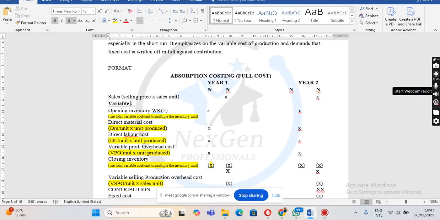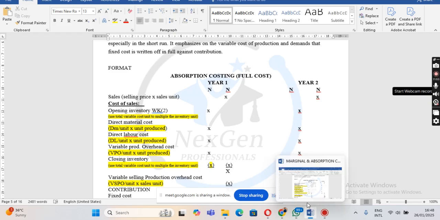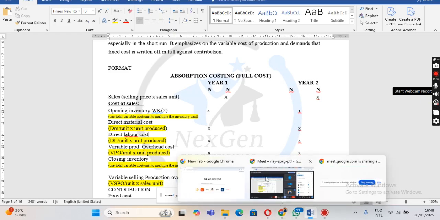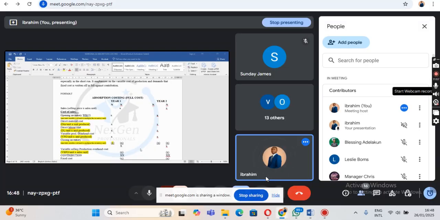So what we have here is variable production cost, right? We will equally have cost of sales, right? Now, class, are we still together? So instead of having your direct material cost, your variable production overhead cost this way, we will tend to modify it in absorption costing, right?